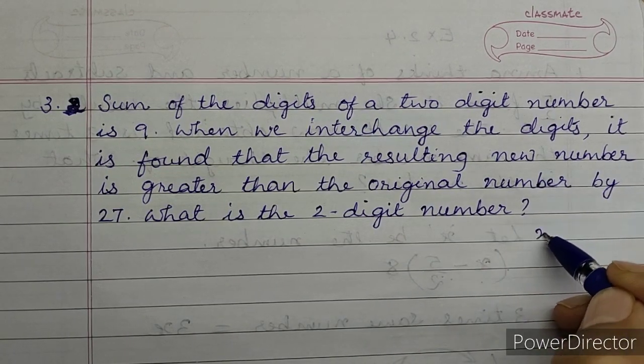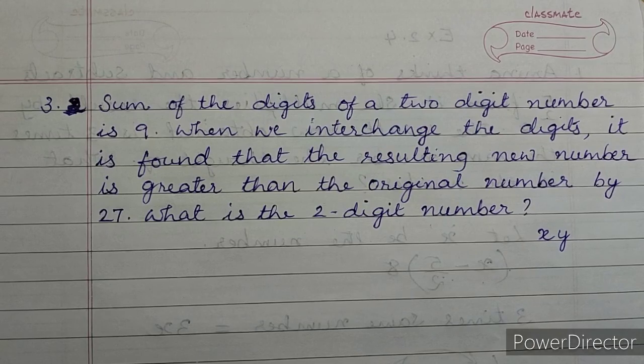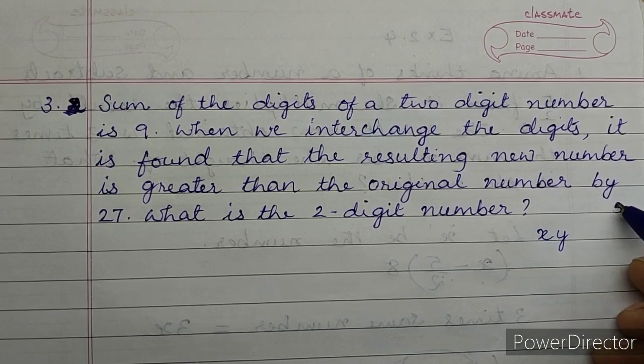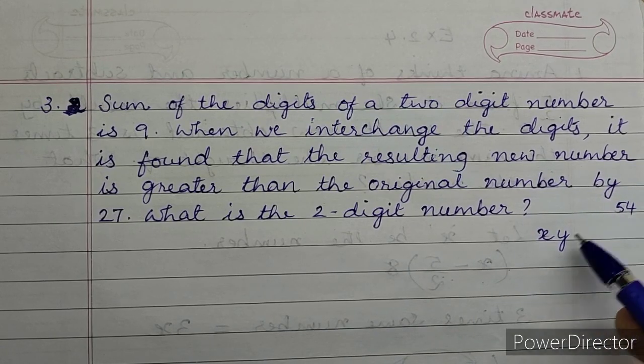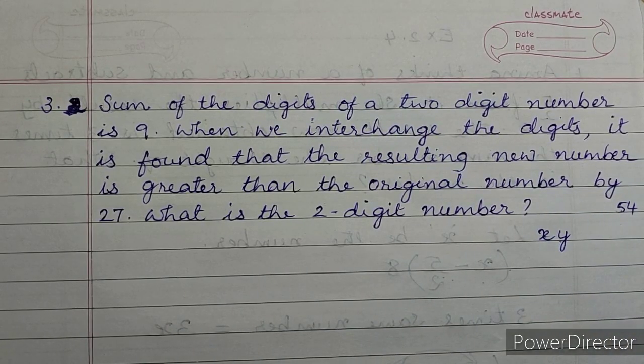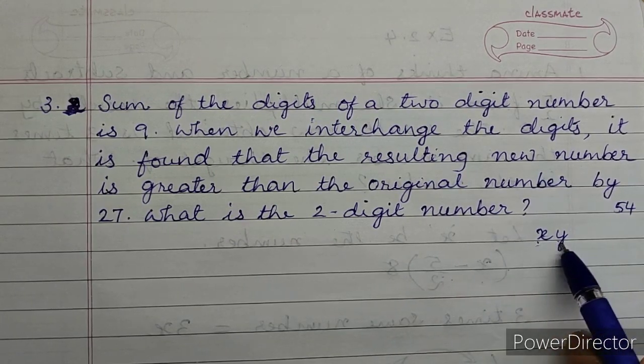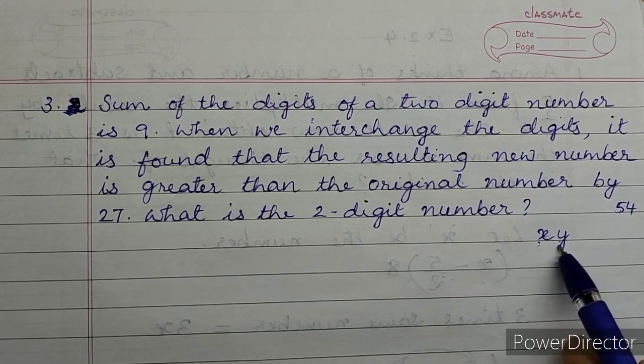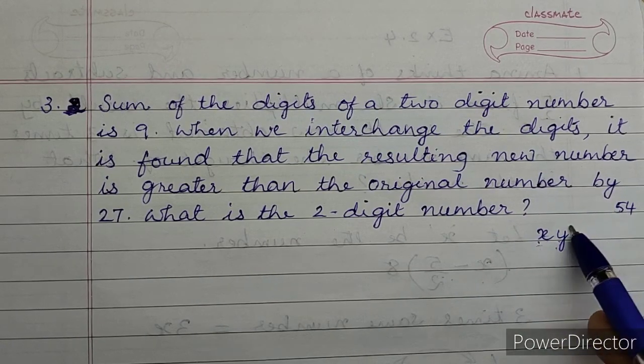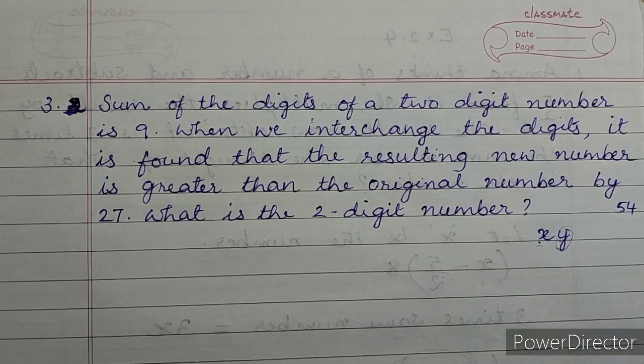So let's just assume that x, y be the 2 digits of the unknown number. For example, if the number is 54, x is 5 and y is 4. Like that. So here x and y, 2 variables have come. But in linear equation, only one variable you have to use. So you have to change y also in terms of x.